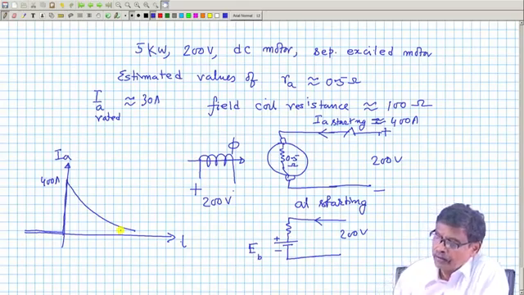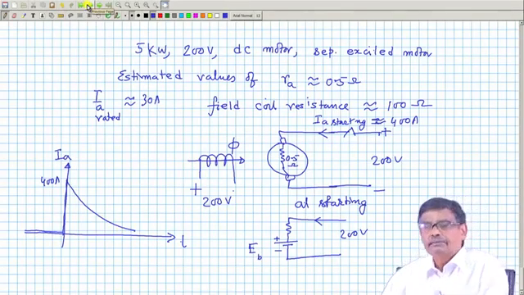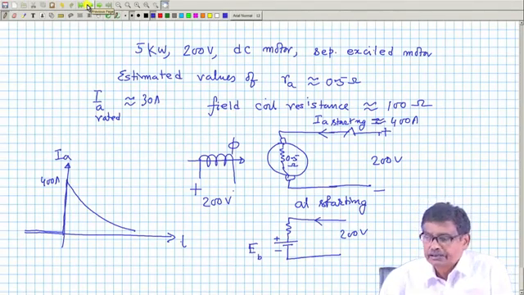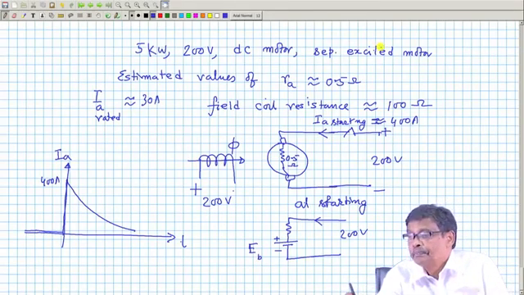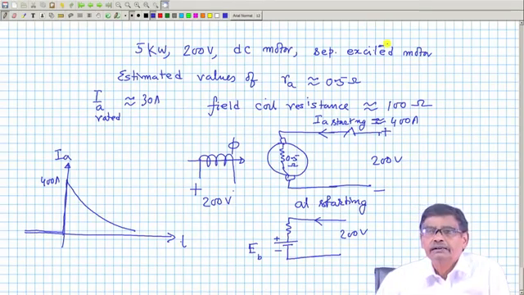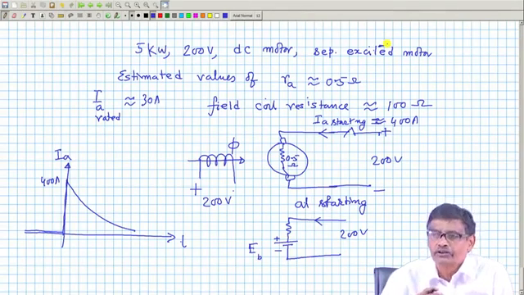Okay. So, what I have discussed in today's class is that given a DC machine, a separately excited DC machine, if you know its rating, and I will only assume that the machine has been well designed, I want to guess the order of armature resistance and the order of field circuit resistance.